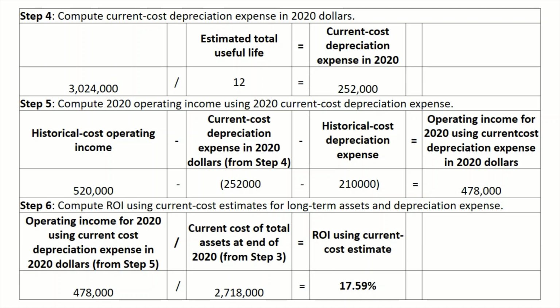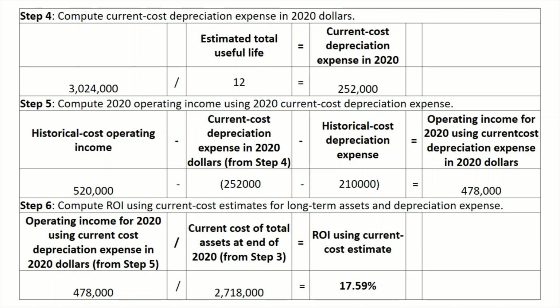And the last step is to calculate return on investment using current cost estimated for long-term asset and depreciation expense: operating income for 2020 using current cost depreciation expense in 2020 dollars divided by current cost of total asset at end of 2020, and that gives the return on investment using current cost estimated.